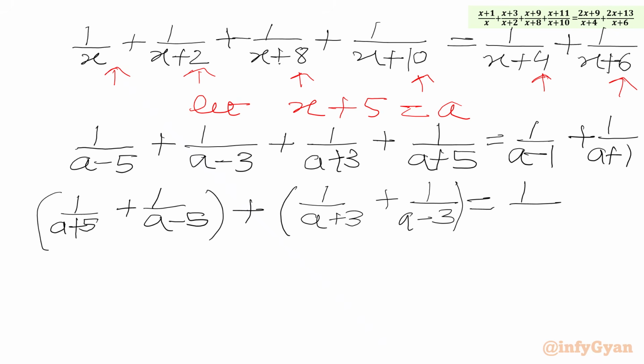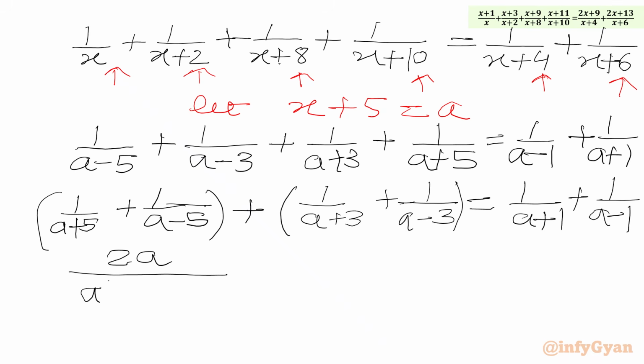And in the RHS we will write 1 over a plus 1 plus 1 over a minus 1. Now we have to take the LCM. In the numerator we write a minus 5 plus a plus 5, which gives us 2a. In the denominator, a plus 5 times a minus 5. We use the difference of two squares identity and write a squared minus 5 squared.